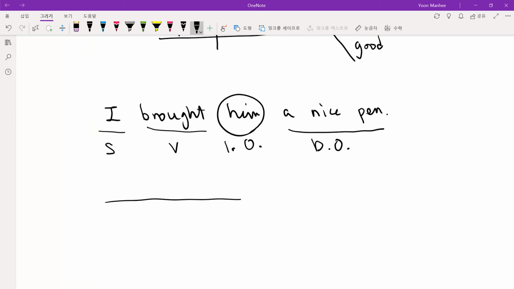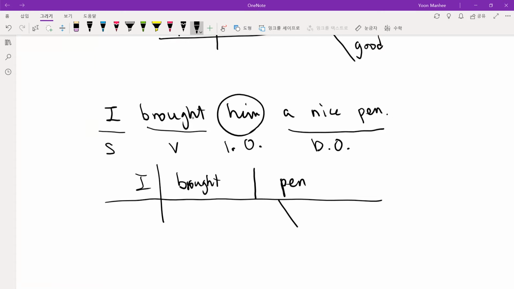So I, a vertical line that extends through the baseline, and the verb, brought, and the direct object, a vertical line that stands on the baseline, pen, and a nice pen.